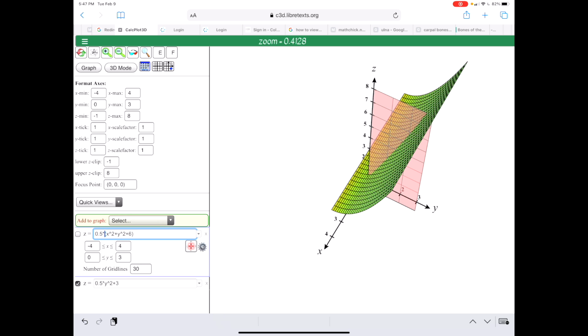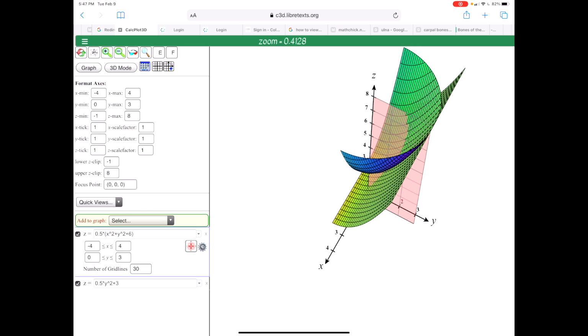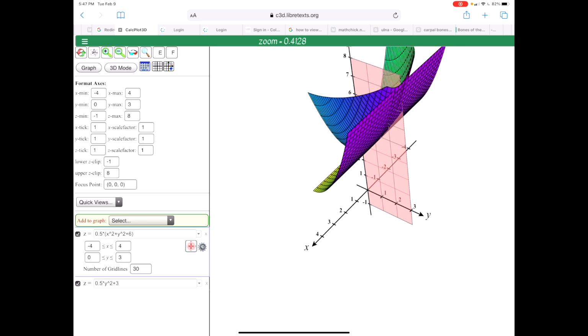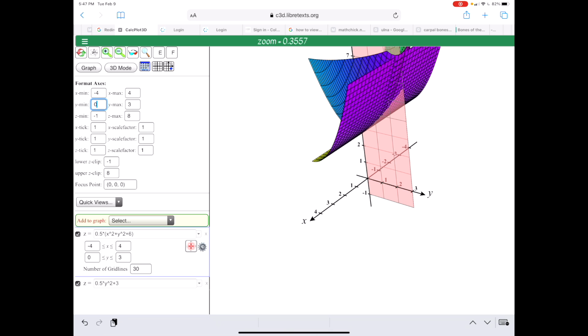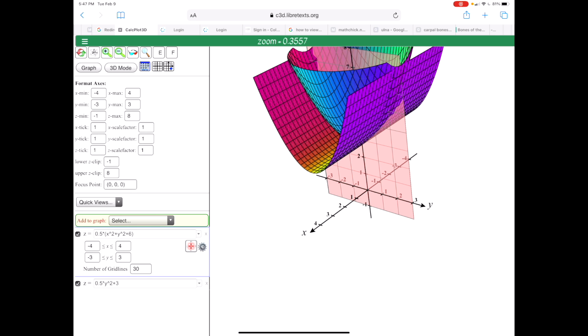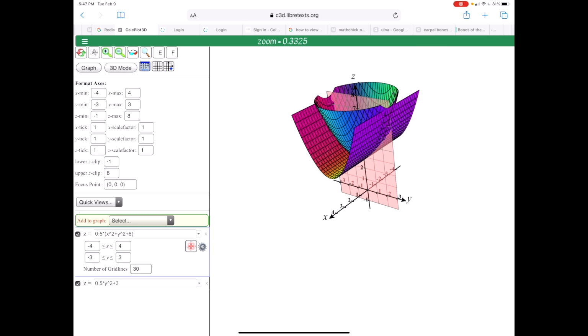0.5 times all this. And this, of course, is as y tends from 0 to 3. If you wanted to get the full solid, you can look at -3 to 3 for y, because once we have revolved it, you get the circular one.